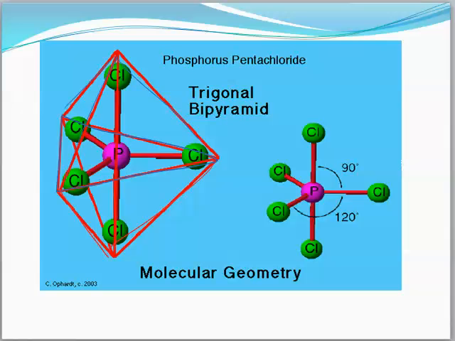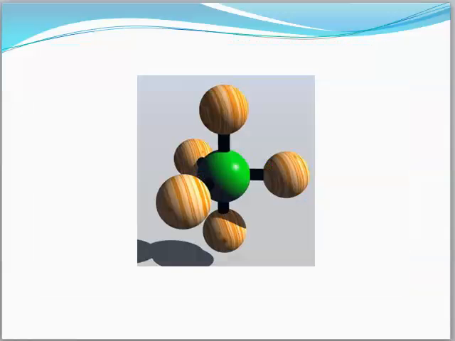Here are the bond angles. Those that create the triangle in the center are going to be 120 degrees away from each other, so this would be 120, 120, and 120. And then the ones that go up and down are going to be 90 degrees away from the other ones. And we would create a shape that looks like this.